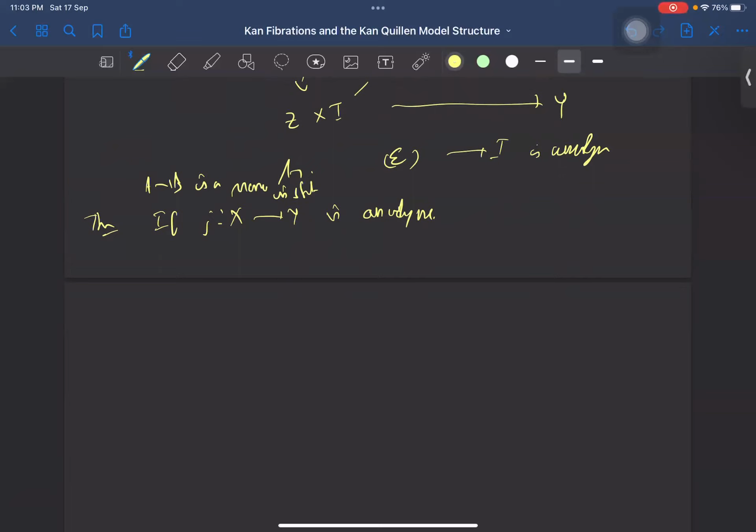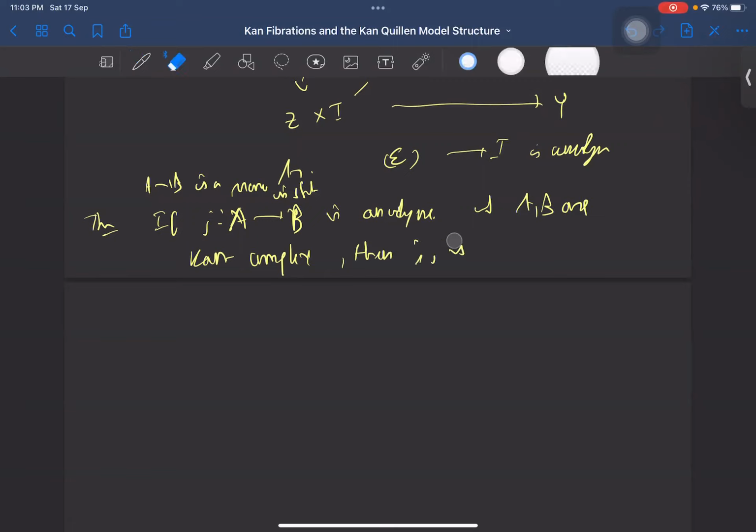So if this is supposed to be A and B, is the anodyne, and A and B are Kan complexes, then A is a strong deformation retract.